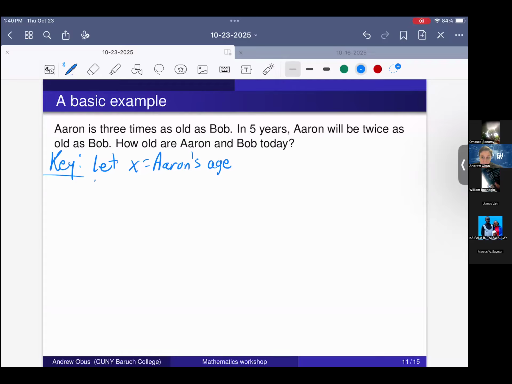These are the two letters, and I have two variables x and y, and I could relate them with equations. That's probably a good way to do that. So let's say I let x equal Aaron's age, and I'm going to let y equal Bob's age.